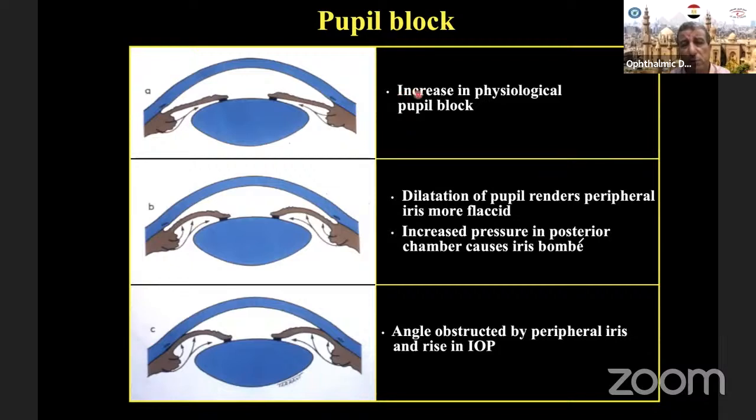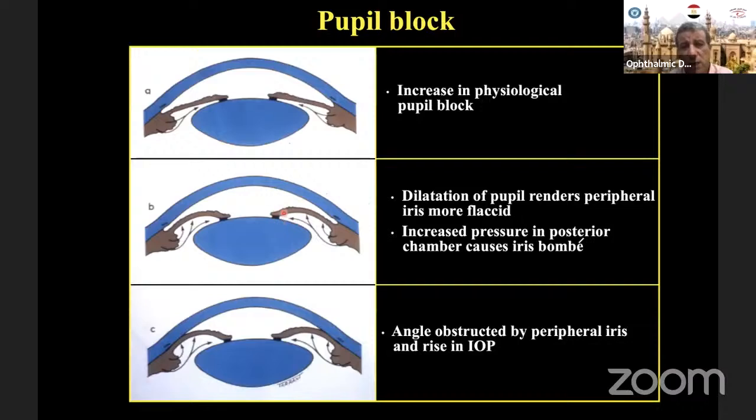How does pupillary block occur? Physiological pupillary block is increased in cases of crowded anterior segment structures. The aqueous is trapped behind the iris and pushes the iris forward.